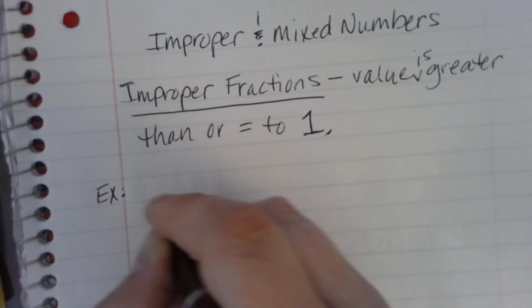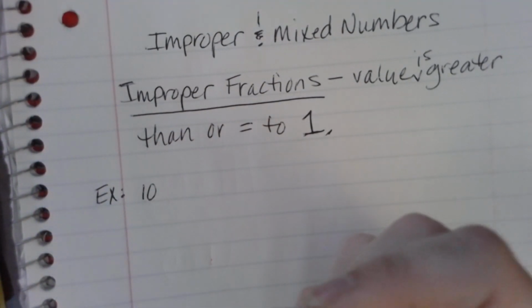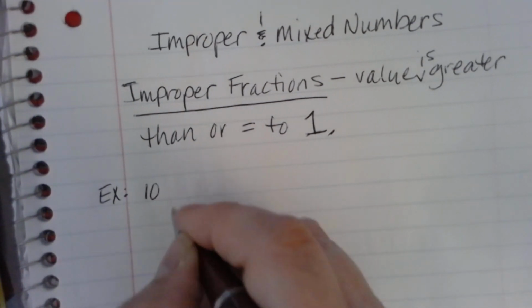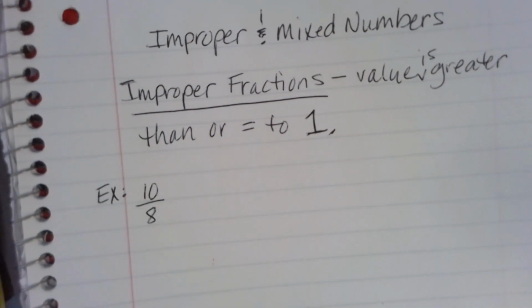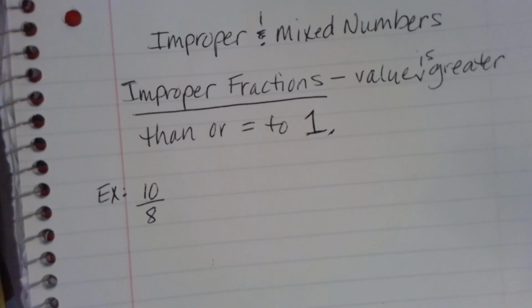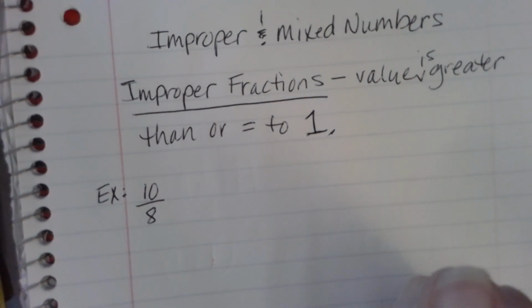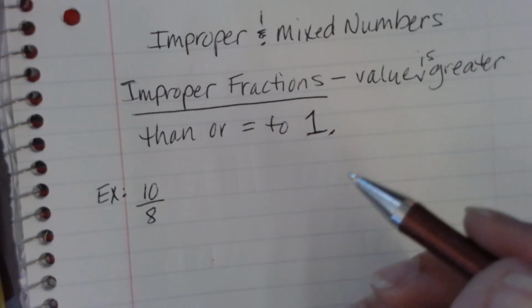All right, so an improper fraction might look like 10 over 8. All right, some of you I see are still writing, so catch up with us. And then we'll talk about what this looks like. All right, so an example, again, would be 10 over 8. What do we notice about this fraction? What's wrong with it? Anna Banana.